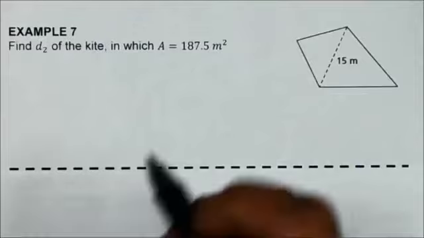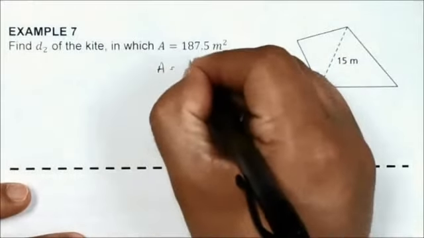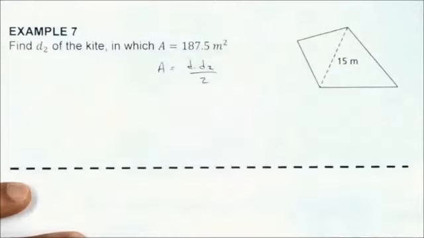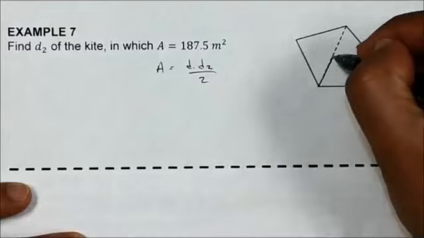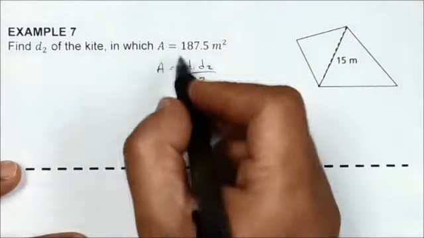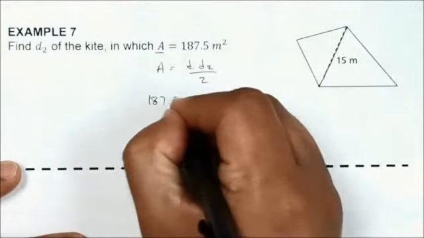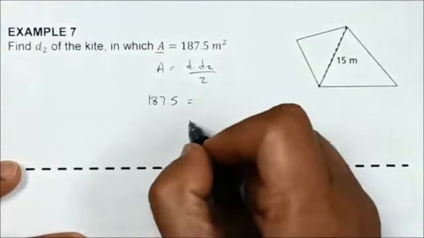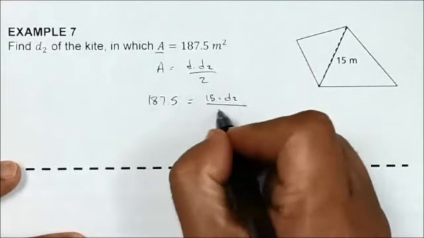Alright, this next problem is a kite, and the area of a kite is diagonal 1 times diagonal 2 divided by 2. They gave us one diagonal, it looks like, so we have to find the other diagonal. Again, I'm going to use what I know. I know the area is 187.5 meters squared. I'm going to use 15 for diagonal 1. I'm still looking for diagonal 2.